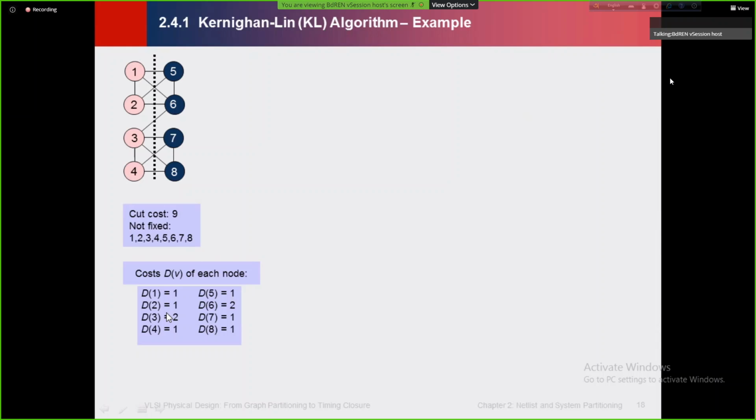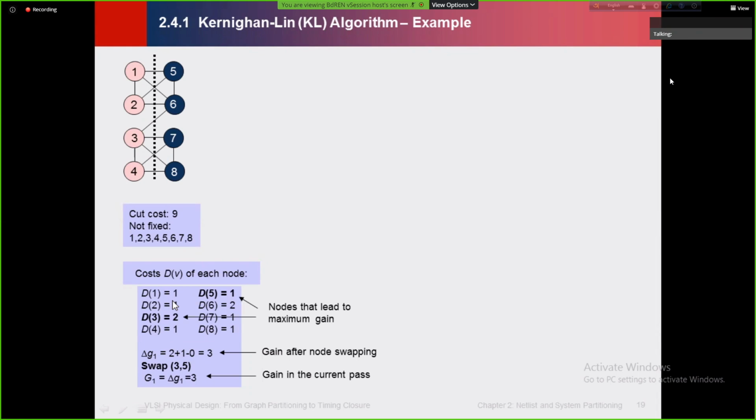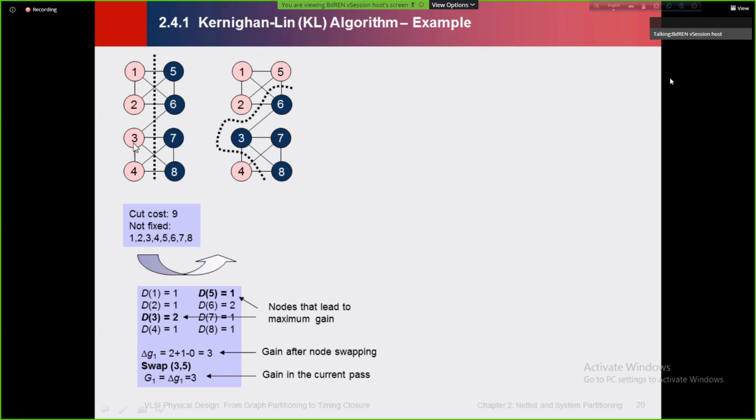So by swapping 3 and 5, we got the gain equal to 3, because our total gain is 3 right now. Now we move 3 and 5, taking 3 on the right side and 5 on the left side, right?